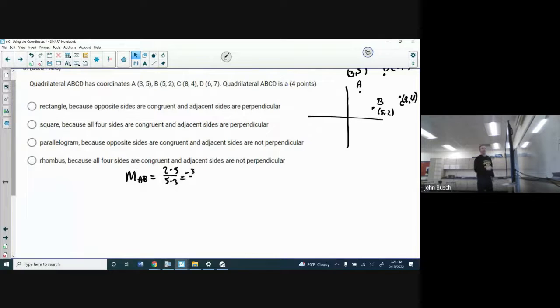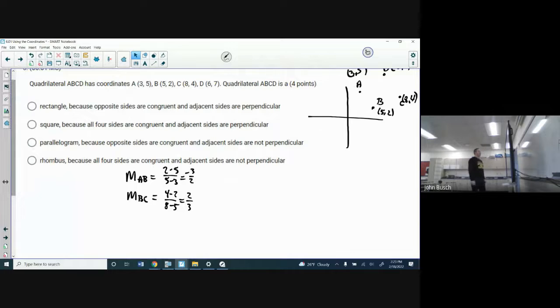The slope of BC is 4 minus 2 over 8 minus 5, which is 2 thirds. So those are perpendicular slopes. So this is looking good so far.